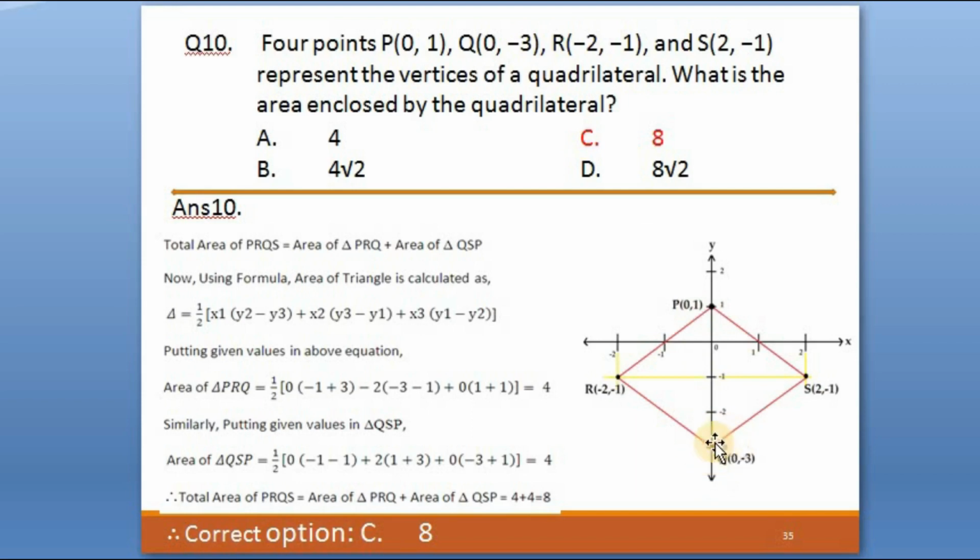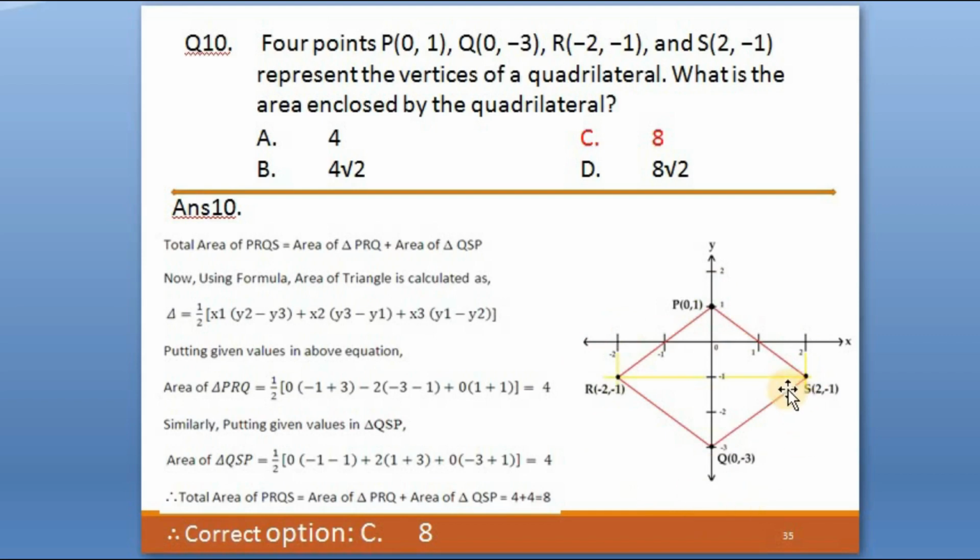Then R is (-2, -1), we'll mark here. And S is (2, -1), here. So we will join these points, and by joining we have framed the quadrilateral, right? Now he is saying about the area. What is the area enclosed by this quadrilateral?